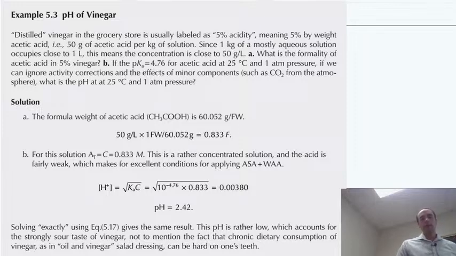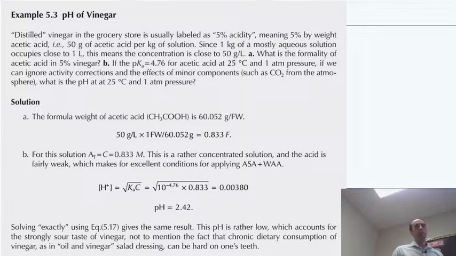So the question says, what is the formality? That's the formula weight or formula concentration. So if we take the molecular weight of acetic acid and calculate 50 grams of that in 1 liter, how many moles per liter is that? Even if it dissociates, that's the formula concentration, right? In the 5% vinegar, so it's a pretty direct molar calculation there.